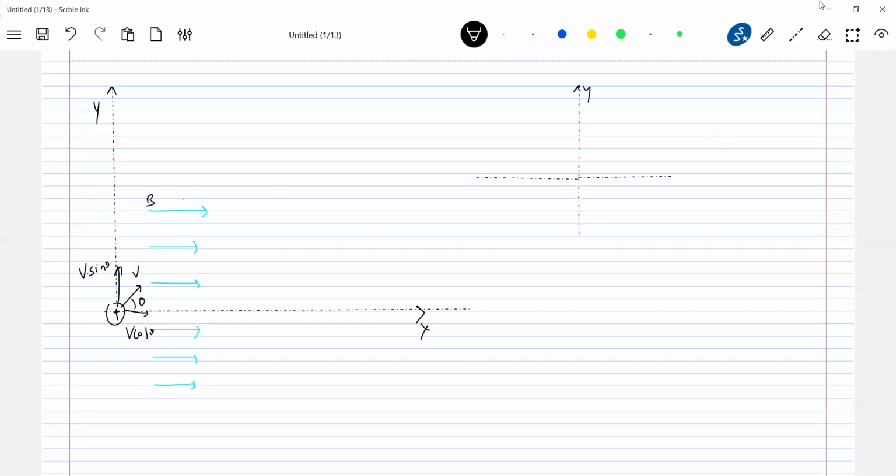So this will be y, this will be minus y, this will be z, this will be minus z. The particle has a component of v sin theta. And look at the direction of magnetic field. B bar is along the x-axis, no?